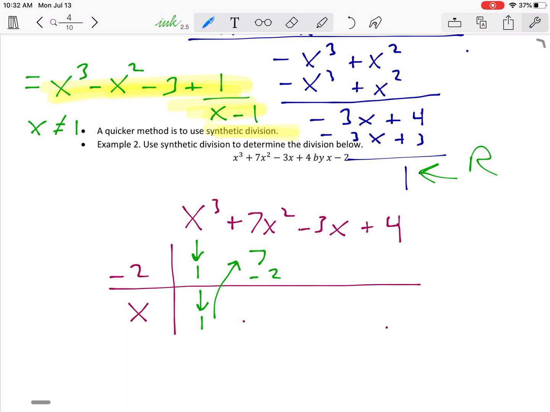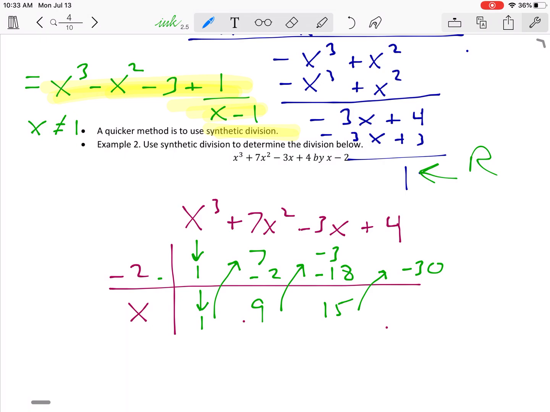Sorry, this should be a minus here. So that's 7 minus negative 2, so that's going to be a 9. And then we have a coefficient of negative 3, and that's going to be minus 18, because 9 times negative 2. So negative 3 minus negative 18 will be 15. And then times negative 2, that's going to be negative 30.